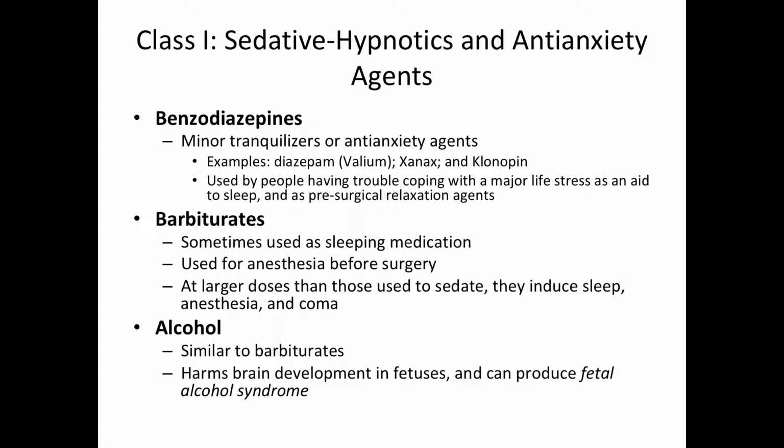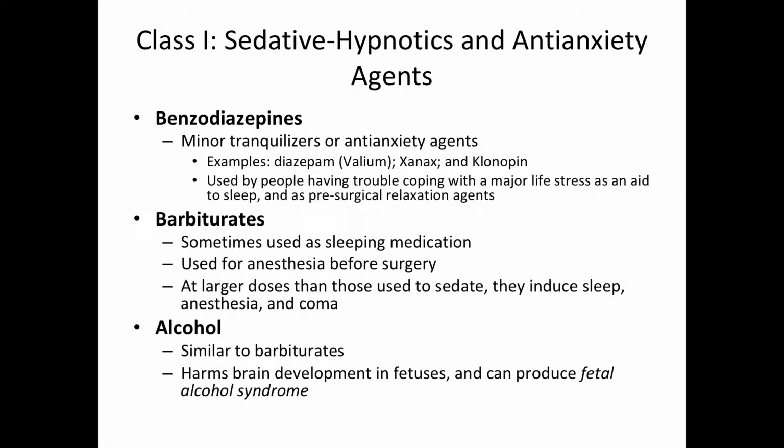Sedative hypnotics include things like alcohol and barbiturates. Alcohol is well known because it's widely consumed, and barbiturates are sometimes still prescribed as sleeping medication, but mainly they're used for anesthesia before surgery. Both alcohol and barbiturates induce sleep and anesthesia, and they can induce coma when taken at very high levels.